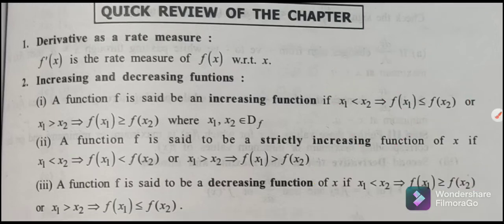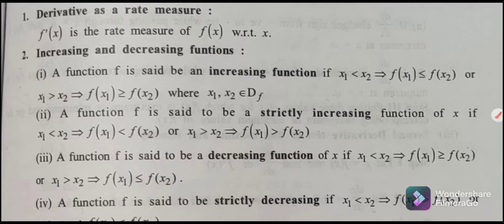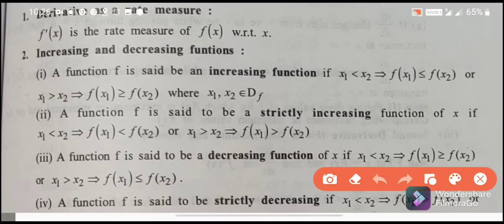Next, increasing and decreasing function. A function f is said to be an increasing function if x1 is less than x2 implies f(x1) is less than or equal to f(x2), or x1 greater than x2 implies f(x1) is greater than or equal to f(x2).